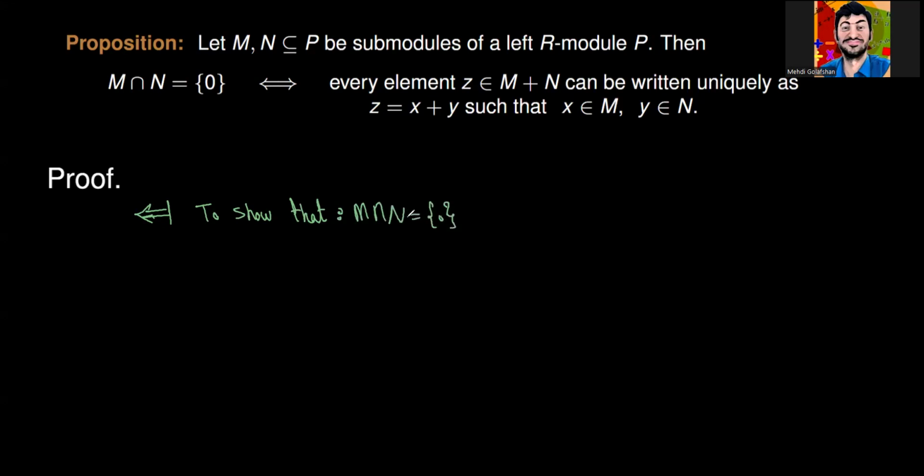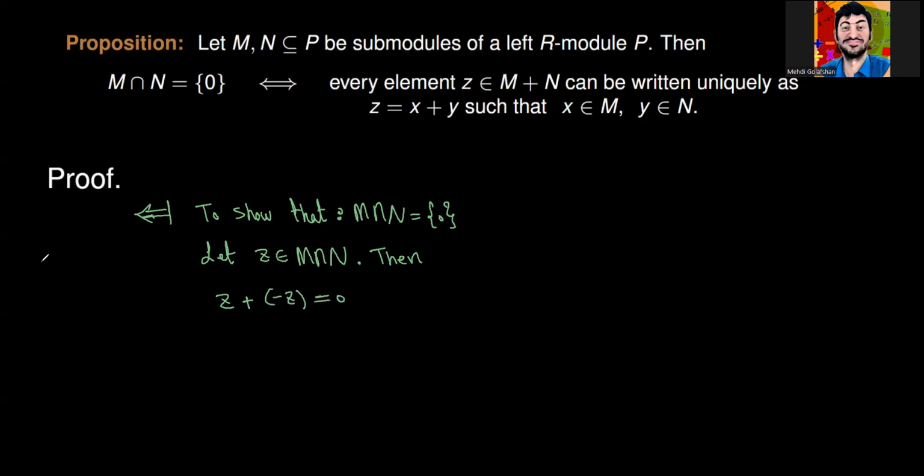Let Z be an element of the intersection of M and N. Then we can write Z plus minus Z, which is equal to 0.